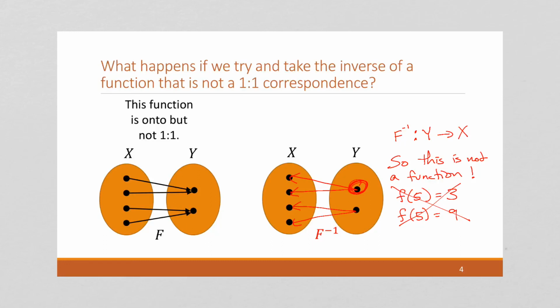So this is another situation where it's not going to work to take the inverse of a function that's not a one-to-one correspondence, because the result is not a function. So only one-to-one correspondences have inverses. And now we're going to see in the next video why that is important and why it is useful.